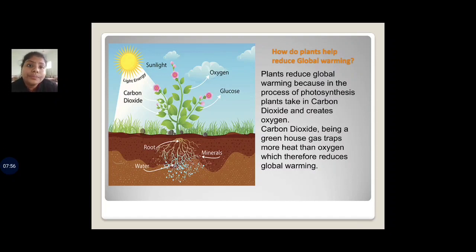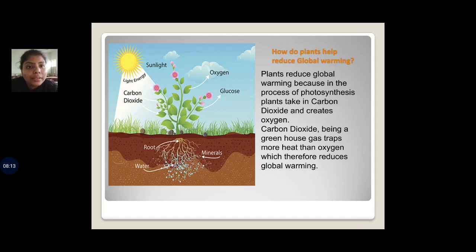There is a problem nowadays which has knocked on the door and has already come inside, and that is global warming. You know that there are greenhouse gases.